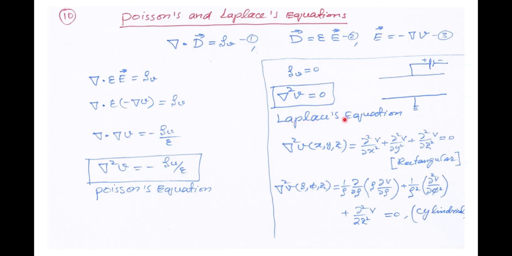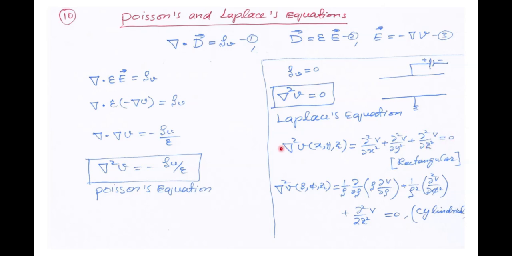This is known as Laplace's equation, and del square is known as the Laplacian operator, which can be expressed in the rectangular coordinate system, that is del square v as a function of x, y, z, equal to partial square v by partial x square plus partial square v by partial y square plus partial square v by partial z square equal to 0.